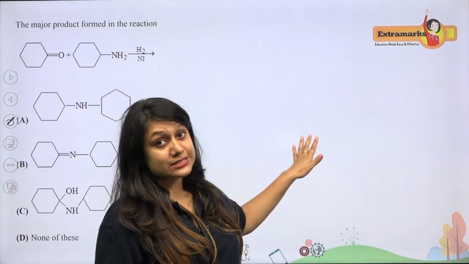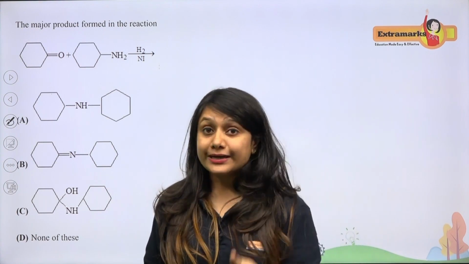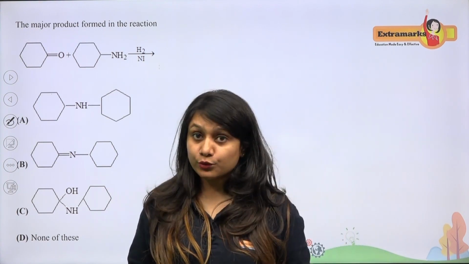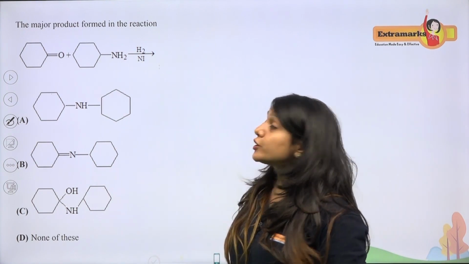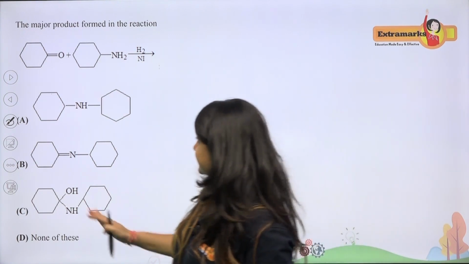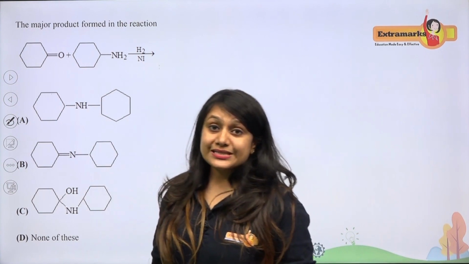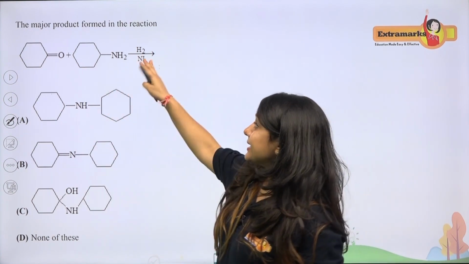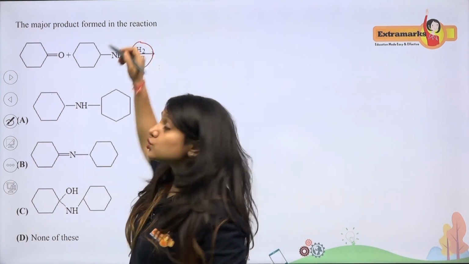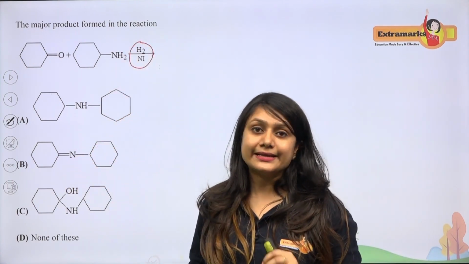So now let's move on to another question. Please focus on this particular question. What are they asking and what can be the product? You have to look at the options also. Now they are asking the major product formed in this reaction. As you can see, the reaction is given. Also, there is H2/Ni. What does H2/Ni do?